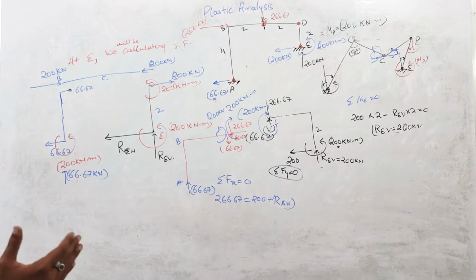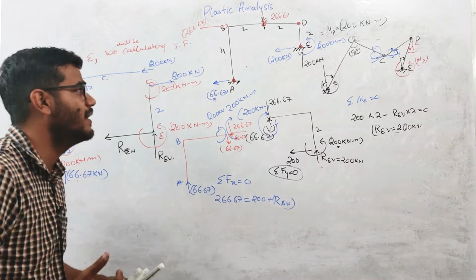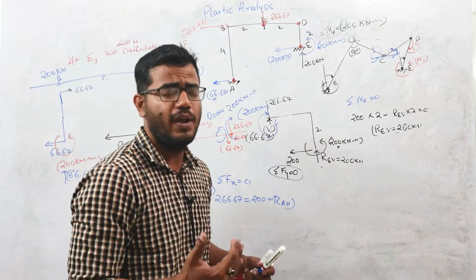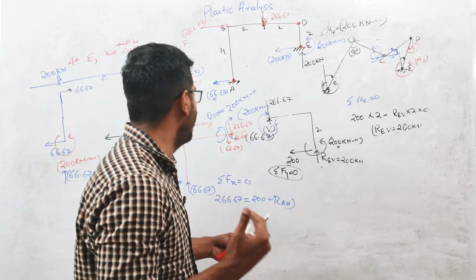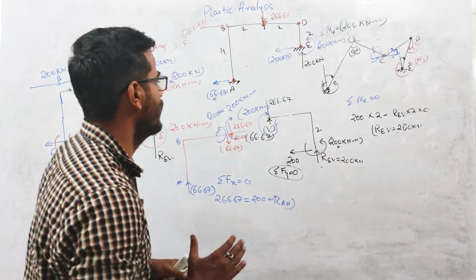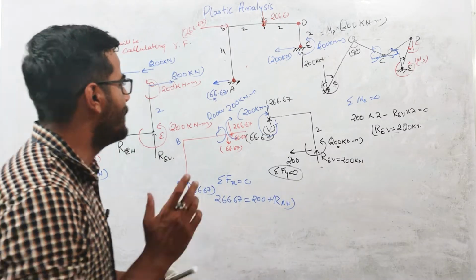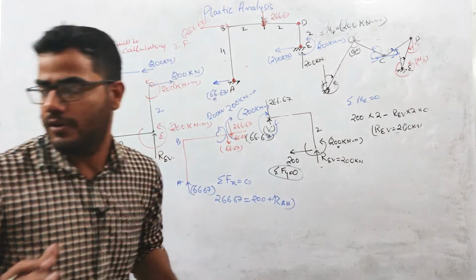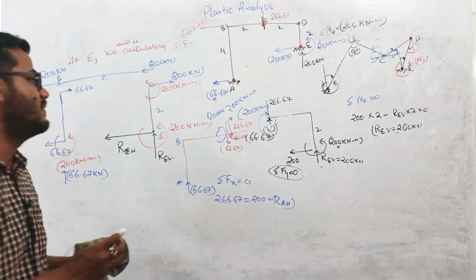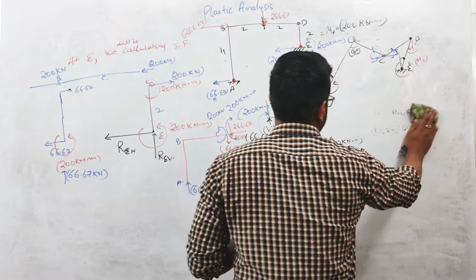One thing we need to calculate is the bending moment at this point B, because at point B, a plastic hinge is not forming, okay? So we need to calculate the bending moment at this point B. What is the value of the bending moment at this point B? For this, I am considering the equilibrium of the BC part.